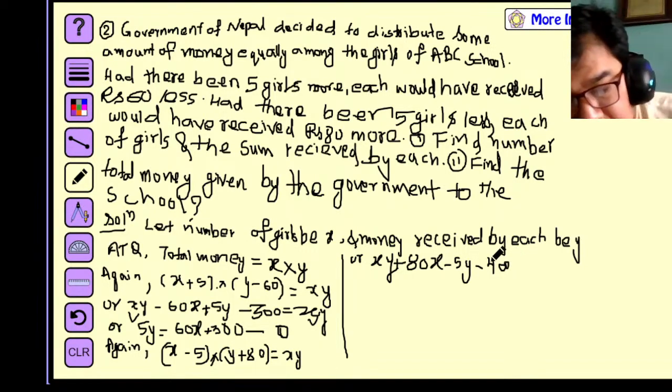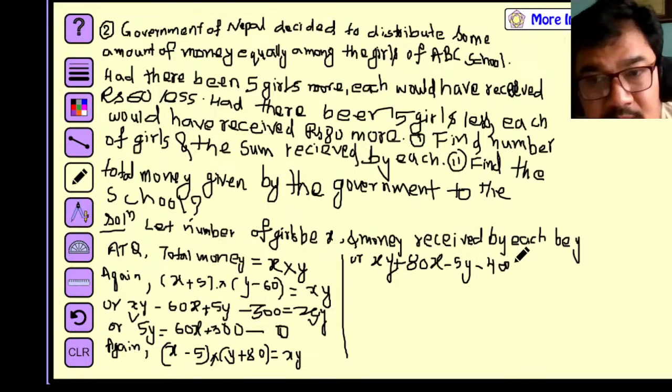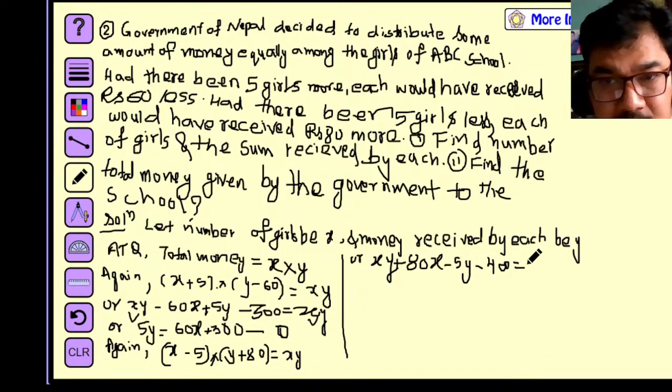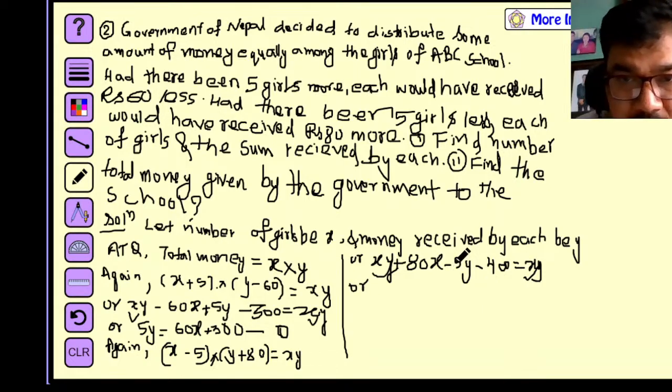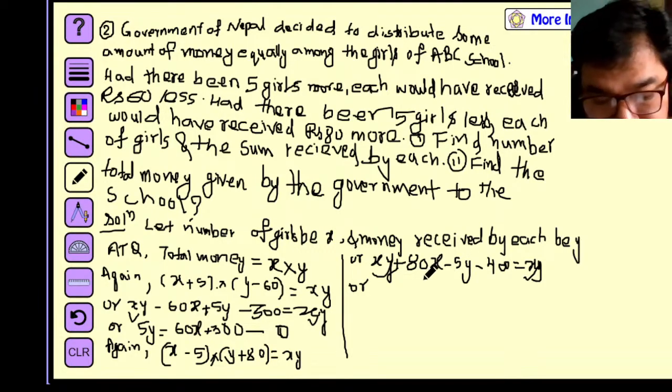Okay. And then equals this side, the total money is xy. We know this xy and this xy will cancel to 0. Here is remaining 5y and this is 80x. Then you can write here.